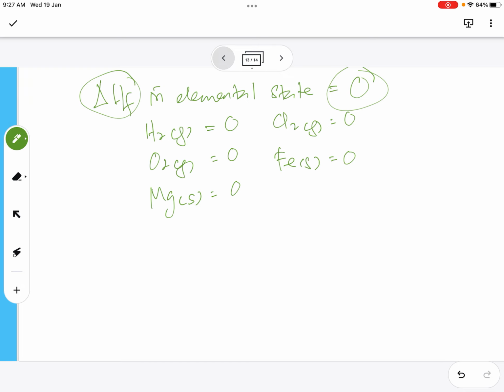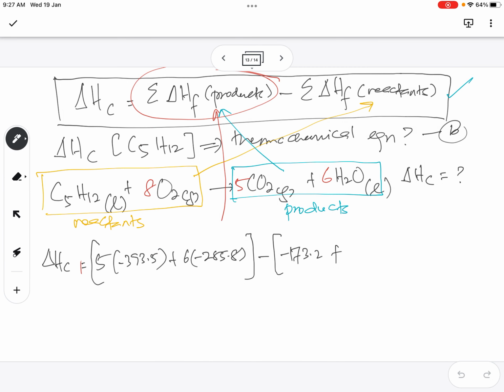Okay, so patah balik ke nombor 13. So now you see oxygen is in elemental state, O2. So it will be 8 multiplied with 0. Now we can calculate the enthalpy of combustion. Okay, kita kira sama-sama. Cuba tengok berapa anda dapat.